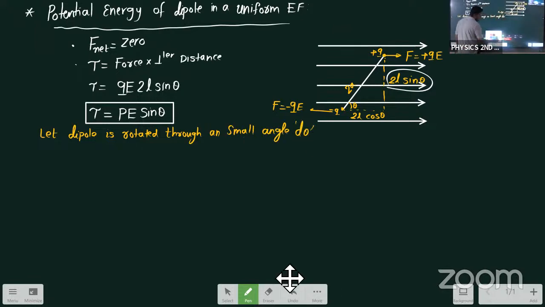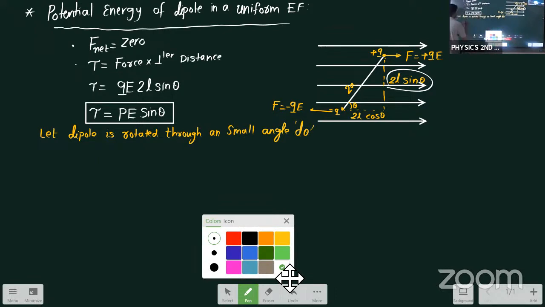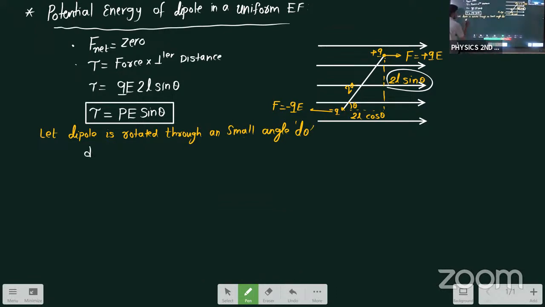Then the work done will be given as dW, a small amount of work done, because we have rotated the dipole through a small angle d theta. Then dW is equal to torque into d theta.